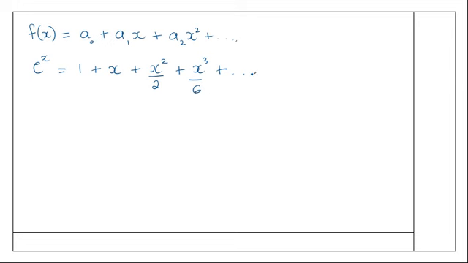So what this is saying really, if we think in terms of the graph of the functions, if we graph e to the x, and we graph 1 plus x squared over 2 plus x cubed over 6, what you're going to find is that the two functions are similar or equal at or around x equals 0.